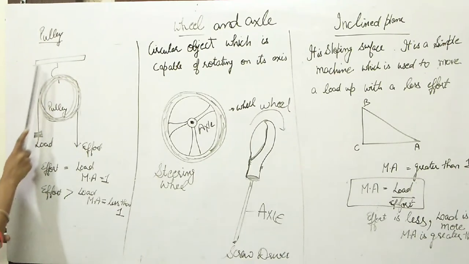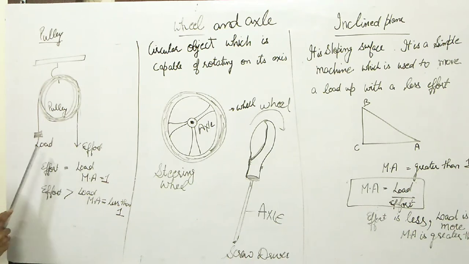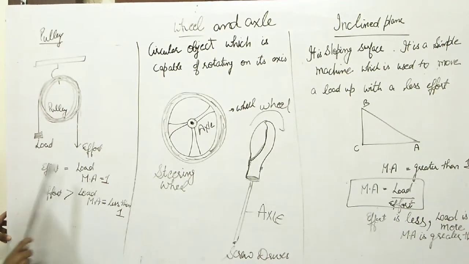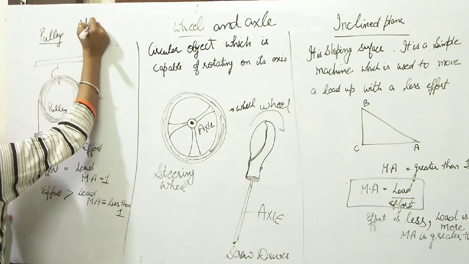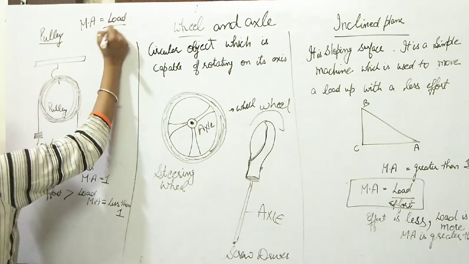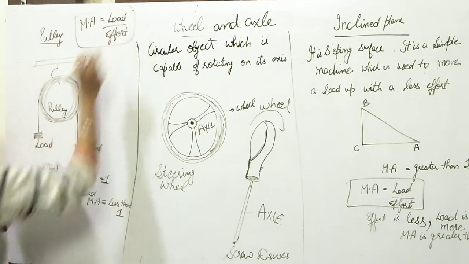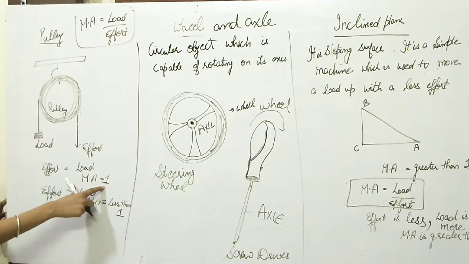So a pulley is there to decrease our effort and to pull the load upwards. When effort and load are both equal, we know the formula: mechanical advantage is equal to load upon effort. So if load and effort are equal, the mechanical advantage is equal to 1.